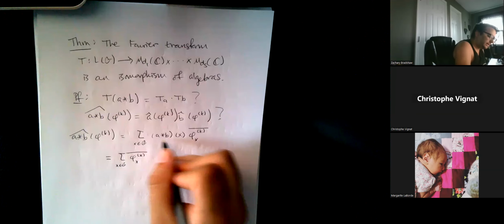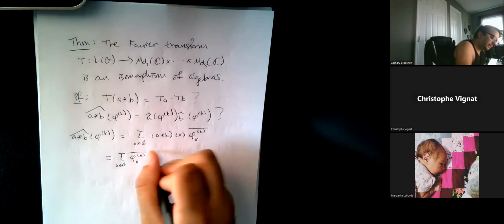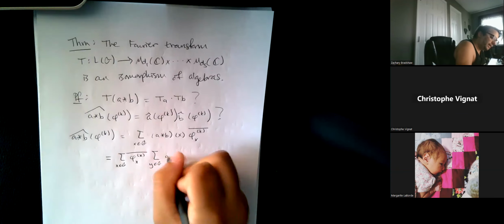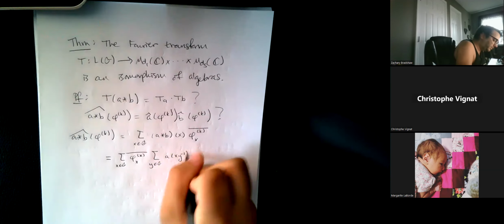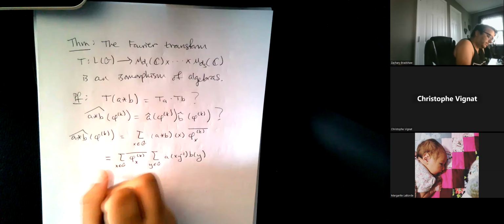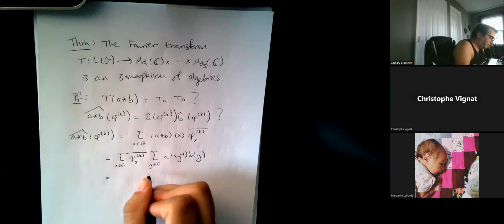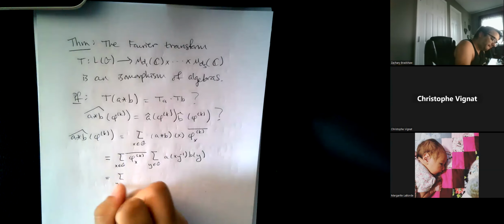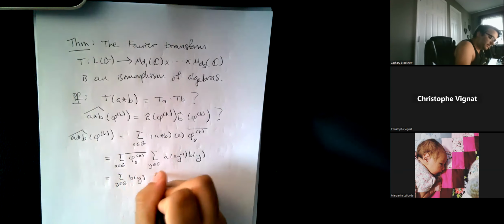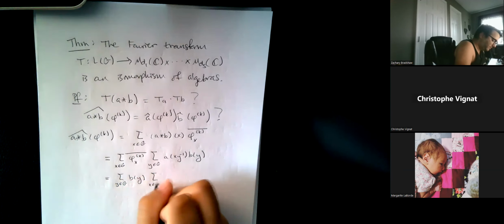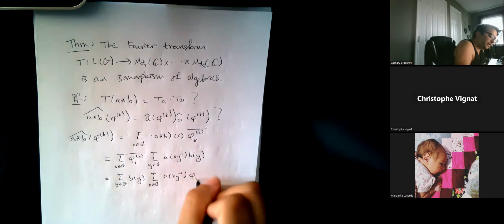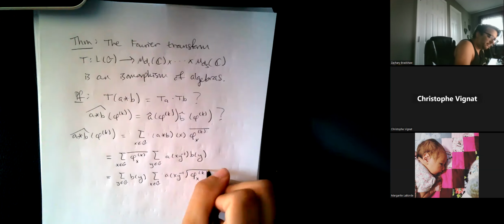And now I unpack the definition of the convolution. Sum over y in G of A of x y inverse, B of y. Okay, let's keep going. I will swap the order of the summations. A of x y inverse, phi x k bar.